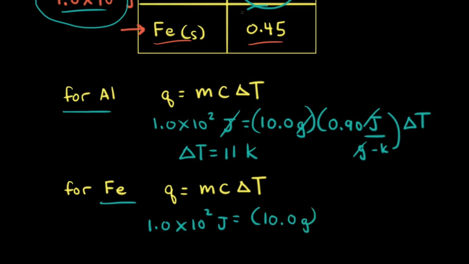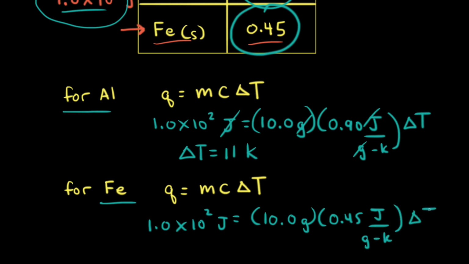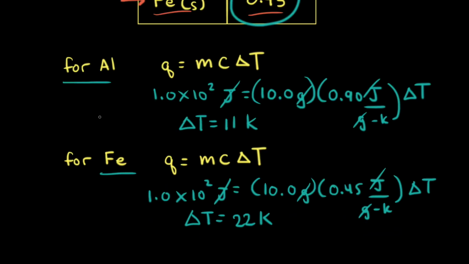But this time we're using the specific heat of iron, which is 0.45 joules per gram Kelvin times delta T. So once again, joules cancels out, grams cancels out, and we get that delta T is equal to 22 Kelvin, or 22 degrees Celsius.